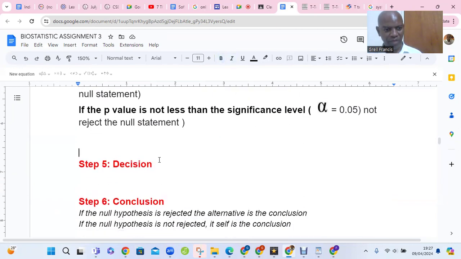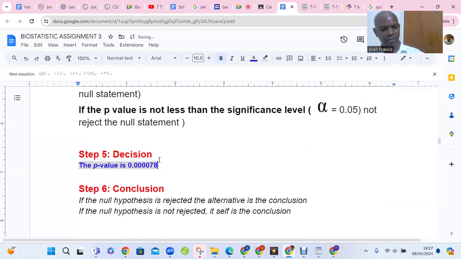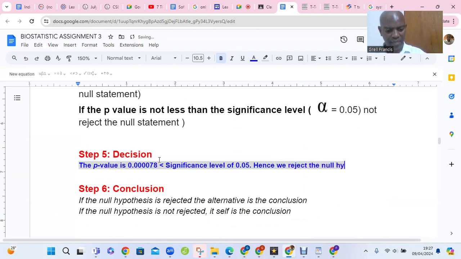That brings us to step 5, which is less than the significance level of 0.05. Hence, we reject the null hypothesis.